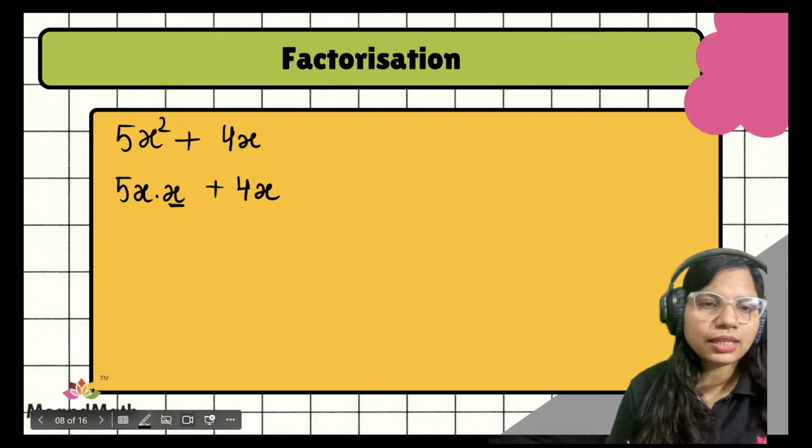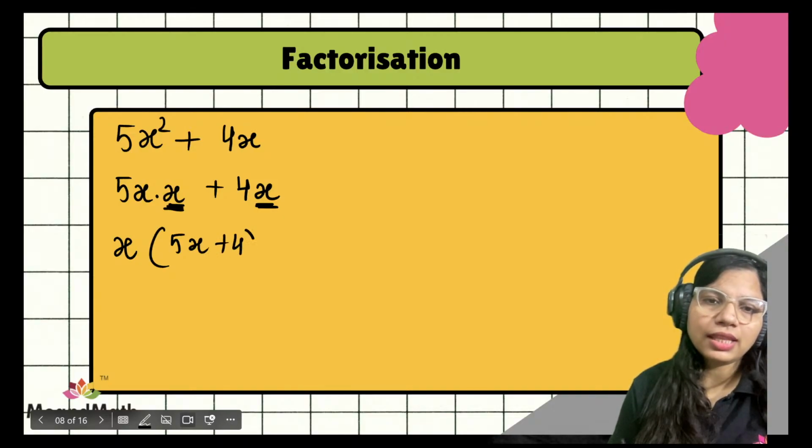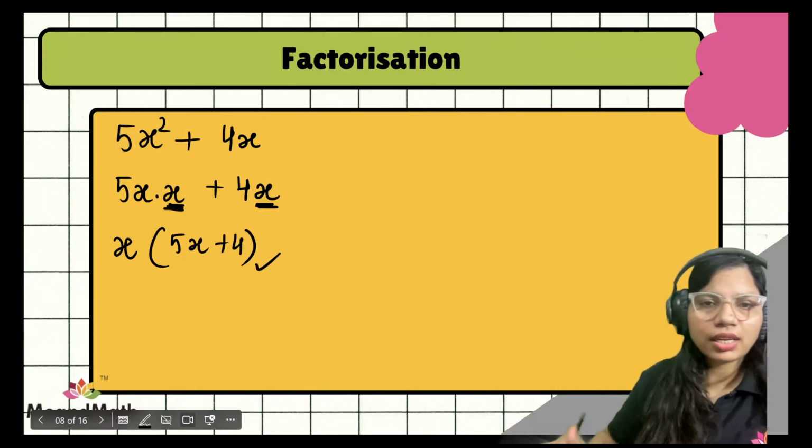What's common? Underline x and x. You will take x out. Inside you have 5x plus 4. And that's what your answer is. Correct?